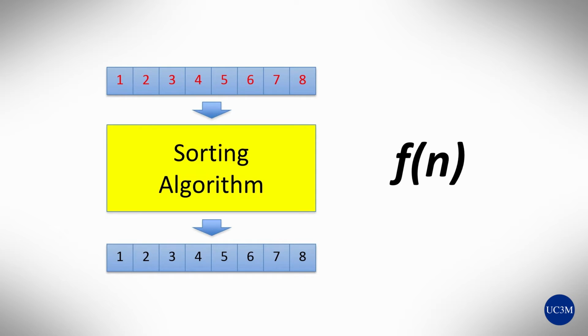But let's concentrate on sorting. The time we take to sort an array of length n might depend on how sorted it is to start with. An array that is already sorted probably takes less time to sort than an array that is very unsorted. Well, in this case, we'll take the worst case as the representation of the complexity of the algorithm.